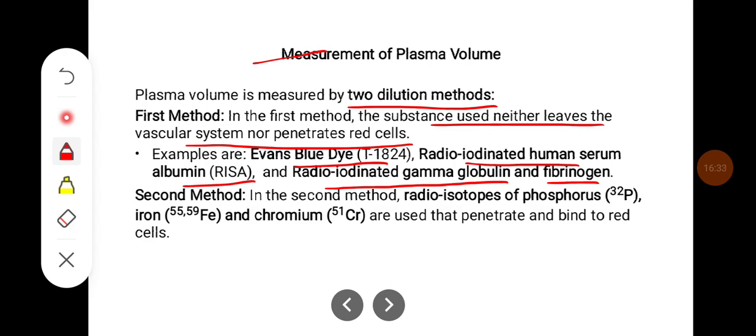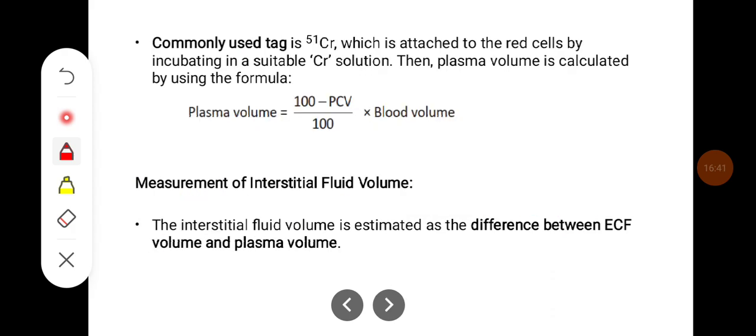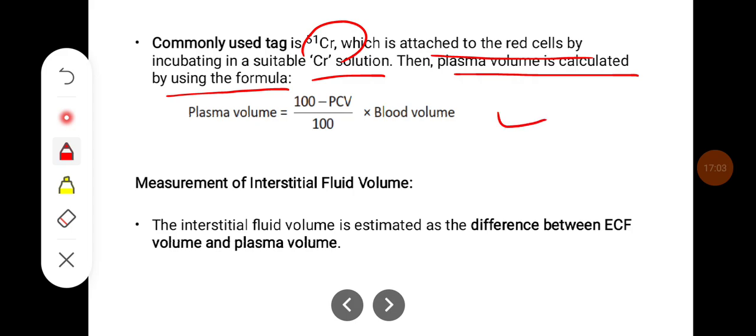In the second method, radioisotopes of phosphorus, iron, and chromium are used that penetrate and bind to red cells. A commonly used tag is chromium 51, which is attached to the red cells by incubating them in a suitable chromium solution. Then plasma volume is calculated using the formula: plasma volume equals (100 minus packed cell volume) divided by 100, multiplied by blood volume.